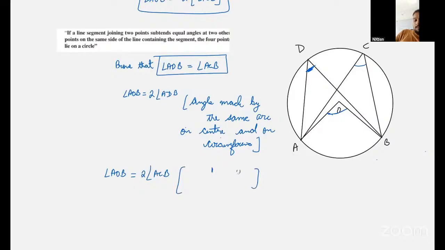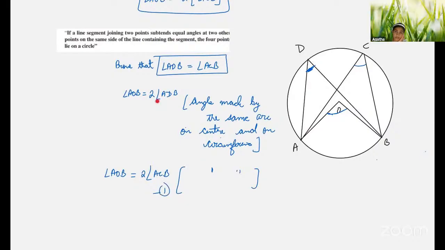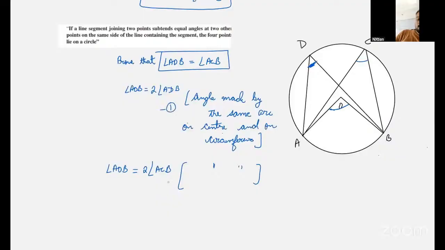Sir, should we also write the reason at each step? Yes, yes. So now we know that this AOB is equal to twice of ADB. This AOB is also equal to twice of ACB. It means that they both are equal.